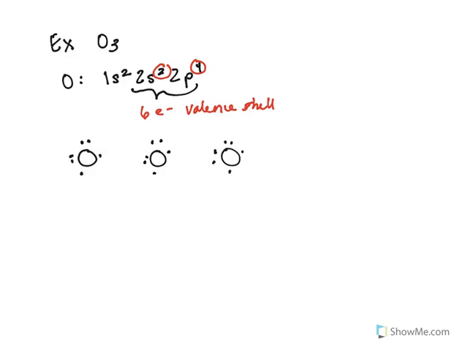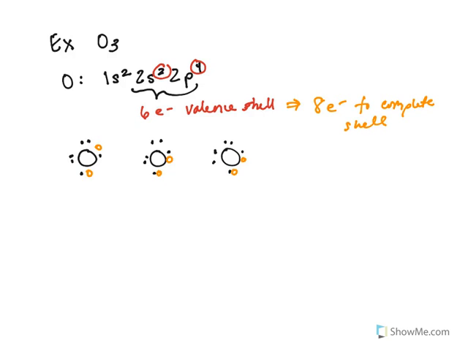So if we look at this, we can see then each one of these oxygens has space available to form 2 bonds, because it needs 2 electrons to complete its valence shell, which would take it to a total of 8 electrons to complete the shell.